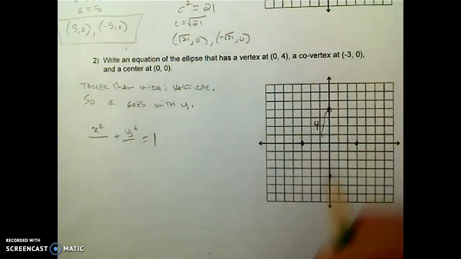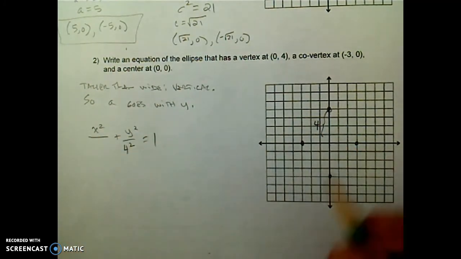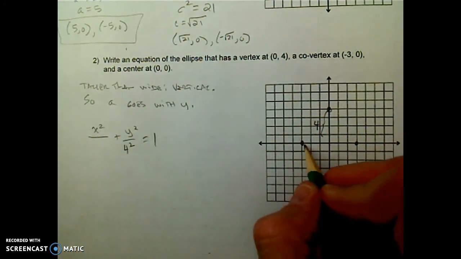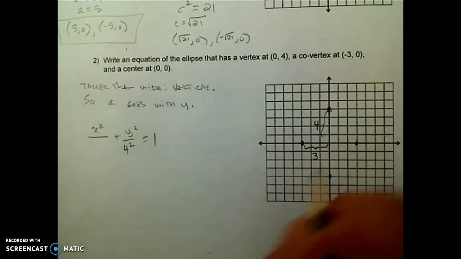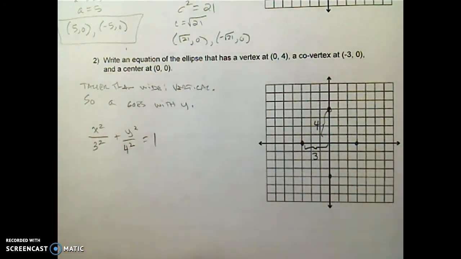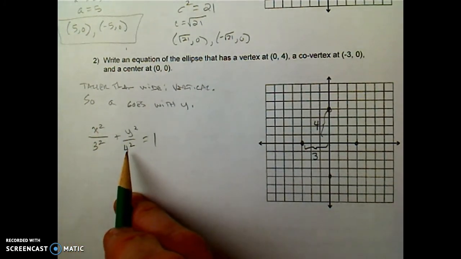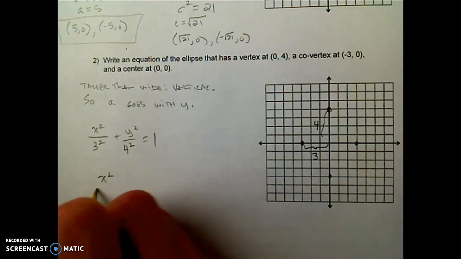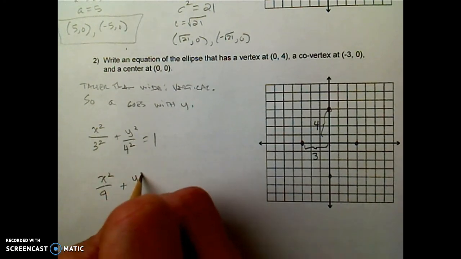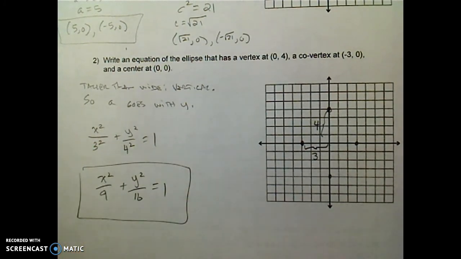That distance is 4, so y squared over 4 squared. From the center to the co-vertex was 3. That's my b value. So b squared is 3 squared. X squared over b squared, y squared over a squared equals 1. So now I have x squared over 9 plus y squared over 16 equals 1.